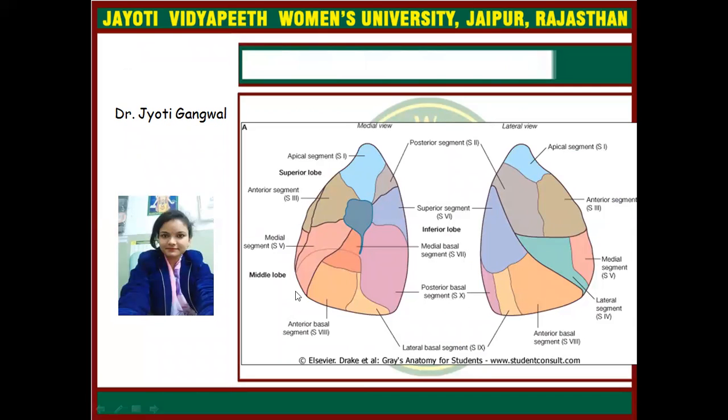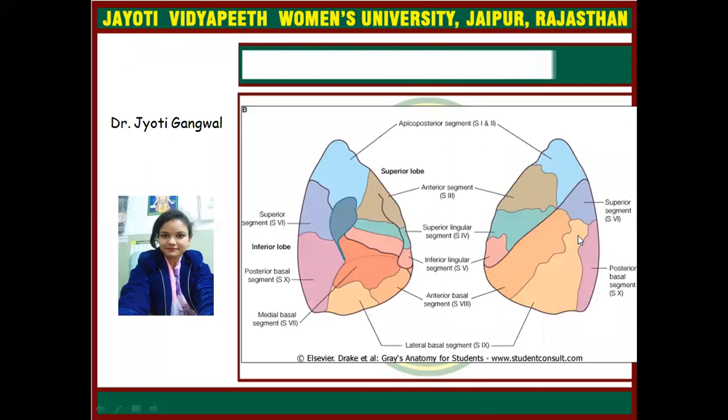Here is the diagram of the bronchopulmonary segment. This is the apical. This is the superior lobe. This is the apical, anterior, posterior, superior segment, medial, anterior basal, lateral basal, posterior basal, and same on this area.